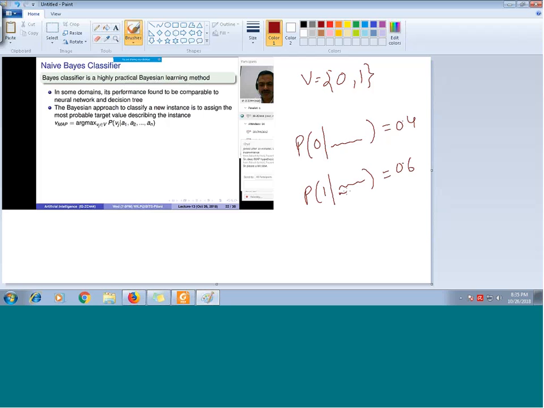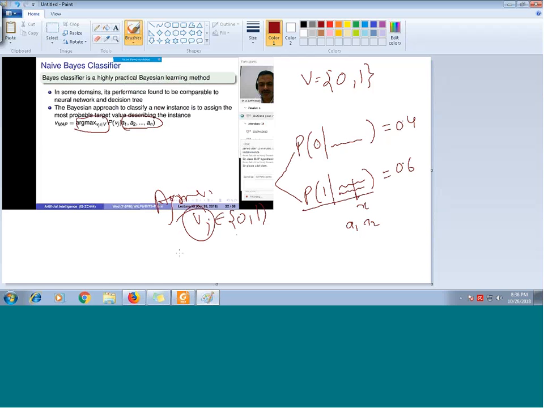And what is this? This is the data X, the features: first feature, second feature. Here it is written A1, A2, An. These are the features. Given the features, you want to find the probability. So this is the fancy formula: out of these two possibilities, where Vj belongs to V, which is 0 and 1, I want to find the argmax.